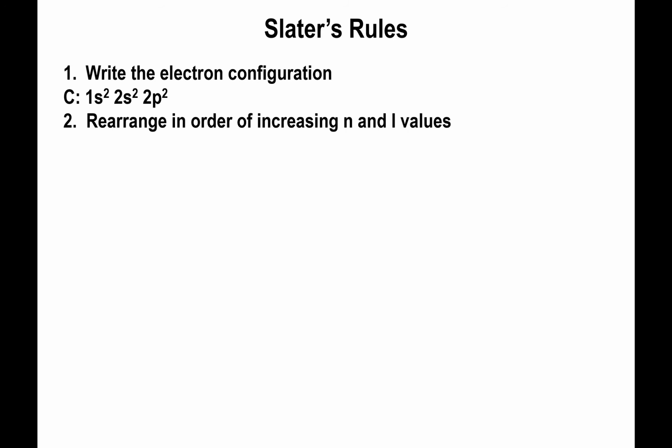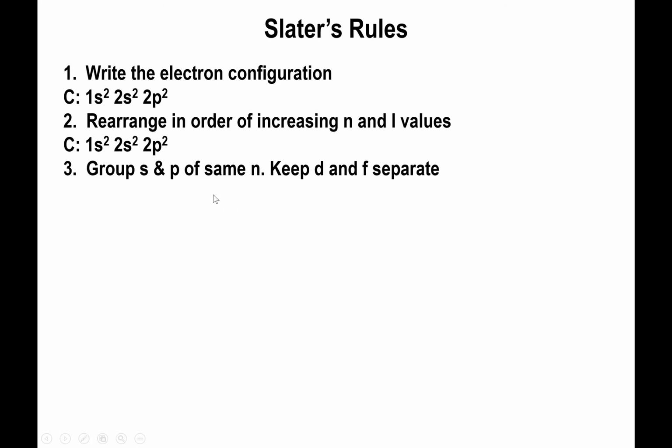Exactly in that order is how you want to arrange them, but you want to have all the n=3 orbitals together, followed by all the n=4 orbitals together, etc. Now in this case, if we look carefully, we have the first energy level at the very beginning, followed by the n=2 orbitals. And this is going from s to p, which is the correct order for l. So this is actually done. For this particular element, we don't have to do anything extra. In future examples, I'll show you exactly what the second rule ultimately means.